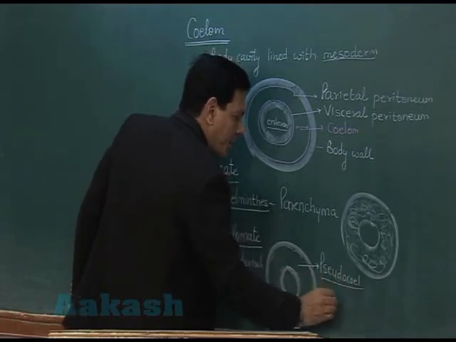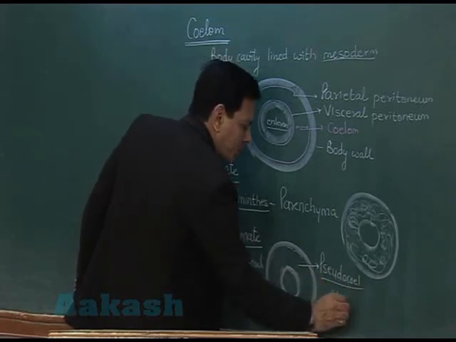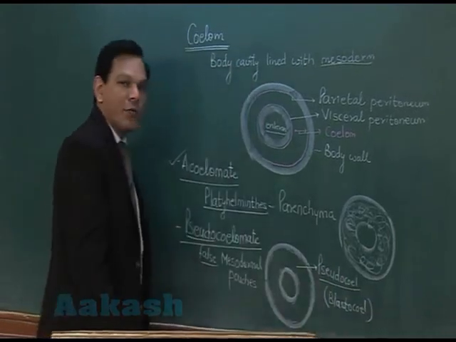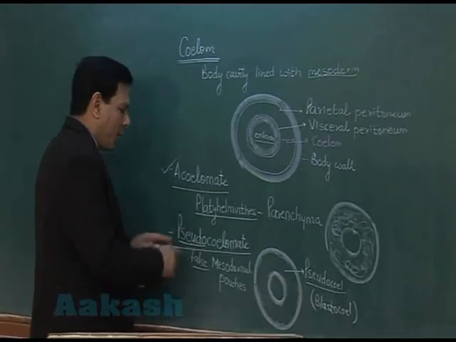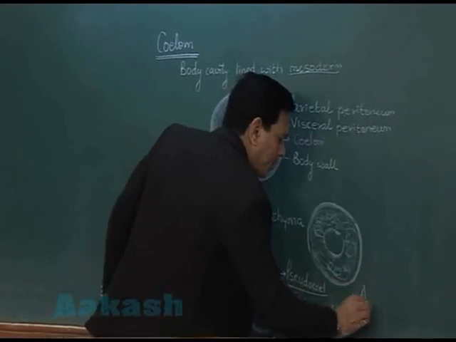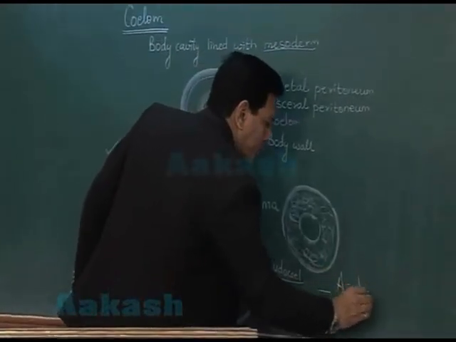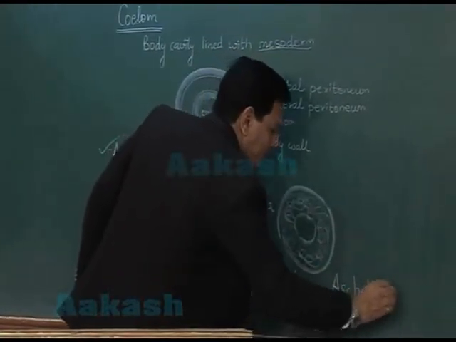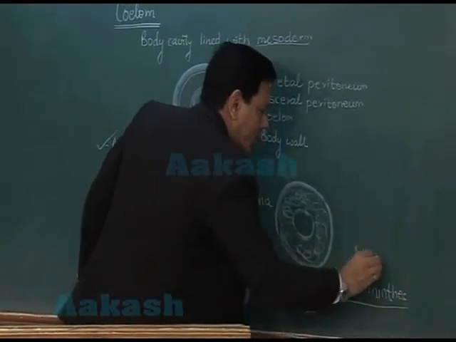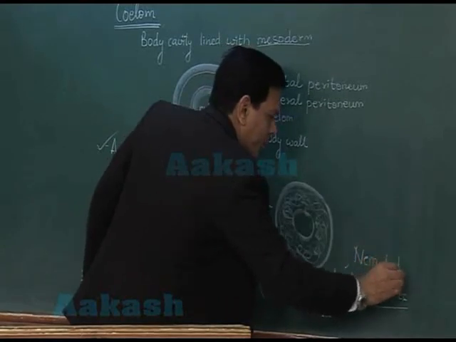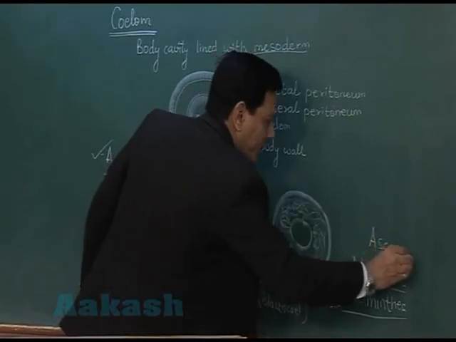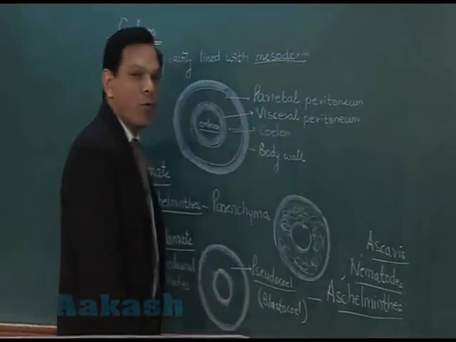And the pseudocoel represents the blastocoel. We can say it is a continuation of the blastocoel. This pseudocoelomate condition is found in the phylum Aschelminths, which includes the nematodes, like Ascaris, the roundworm.